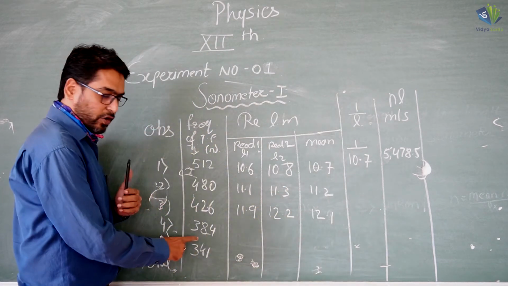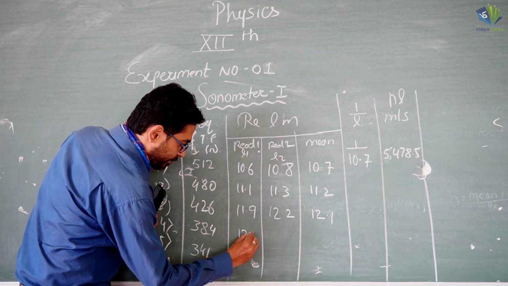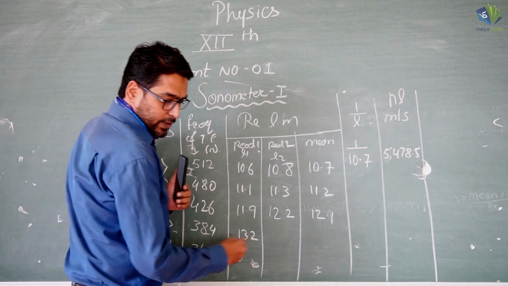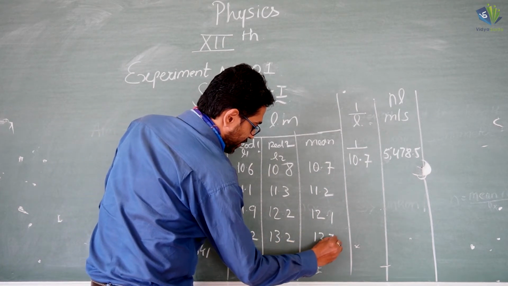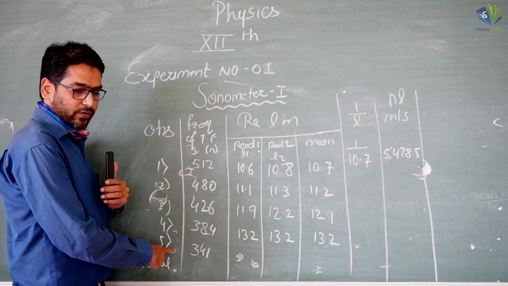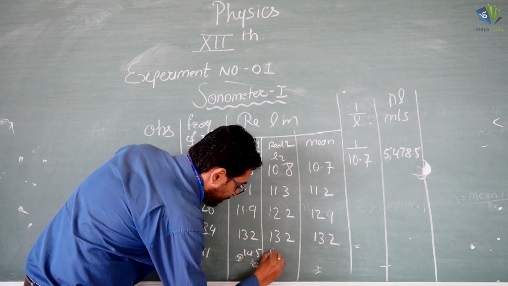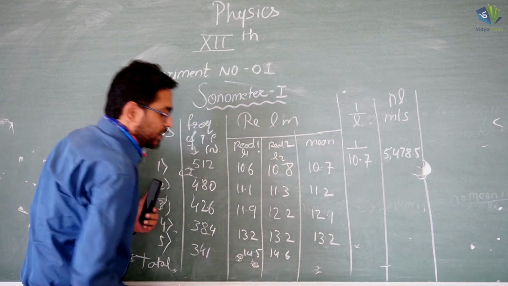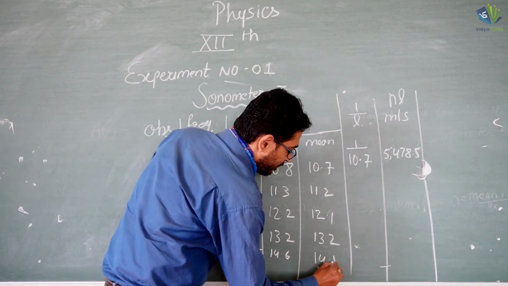The third reading, on 384, I am getting 13.2 and 13.2, so the mean is 13.2. Now the fifth reading, on 341, is 14.5 and 14.6. Dividing both by 2, the mean is 14.5.